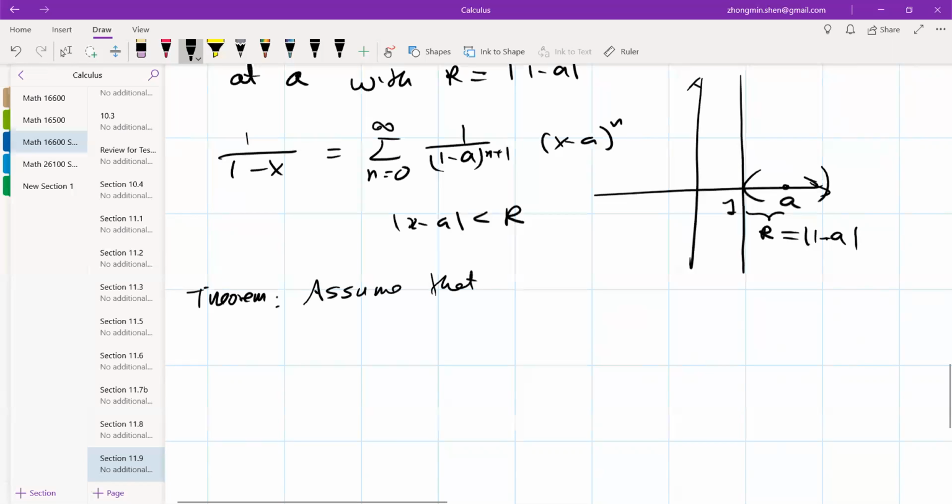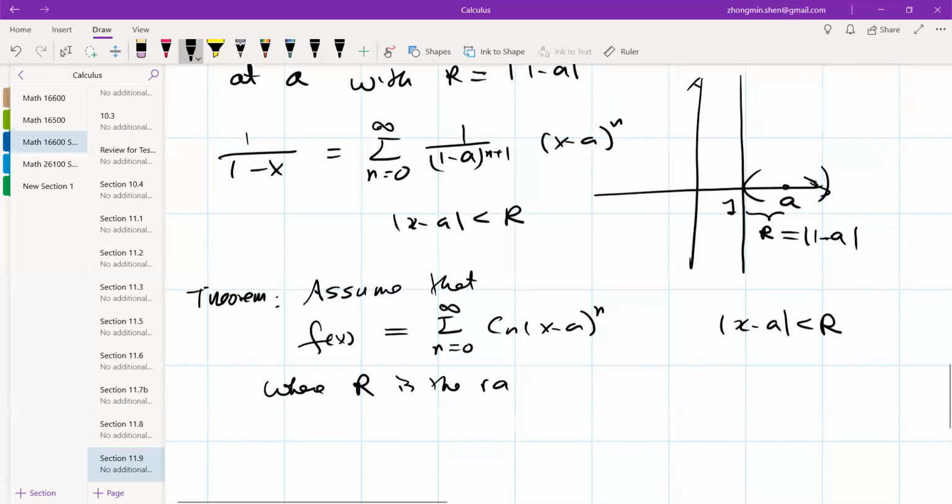Assume that a function f is equal to a power series, and this holds over the interval where R is the radius of convergence of the power series.